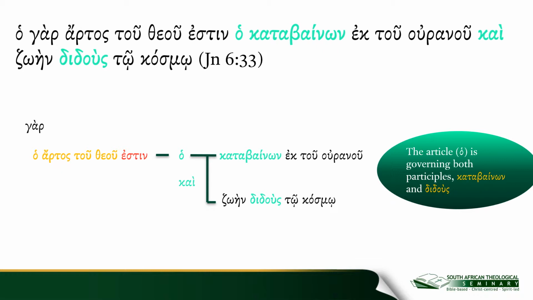It is very important to note that the article ho here is governing both participles, katabainon and didous, and both these participles are referring to the same person. In this context, it is Jesus that is in focus, of course.